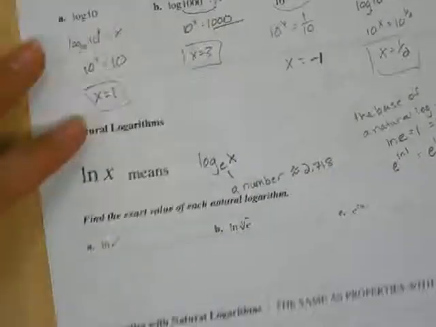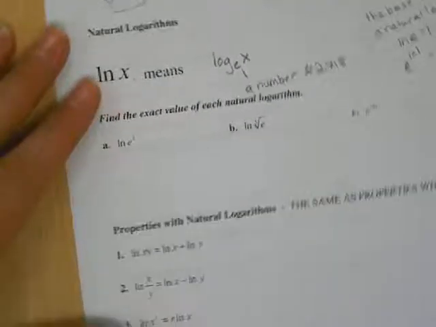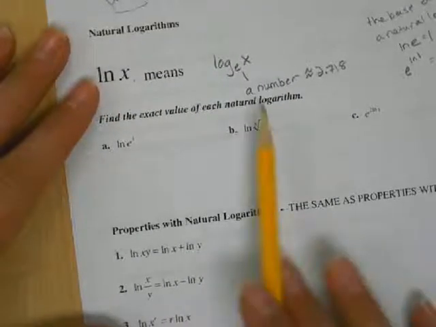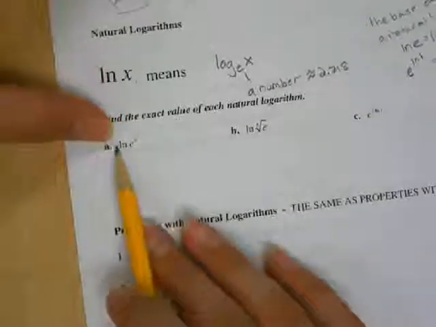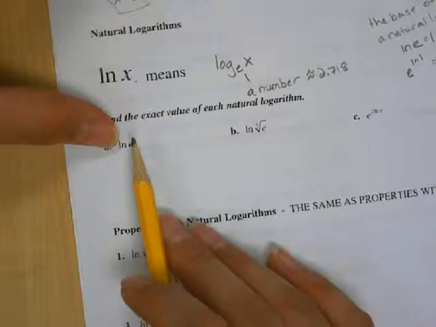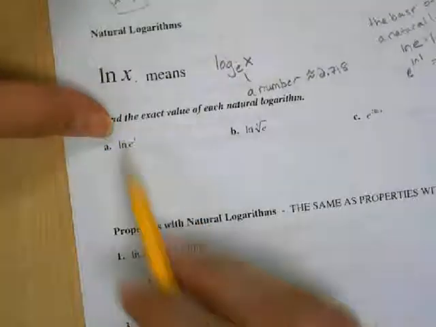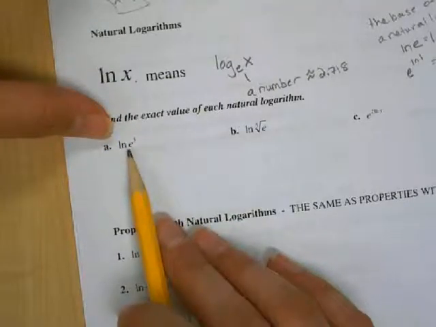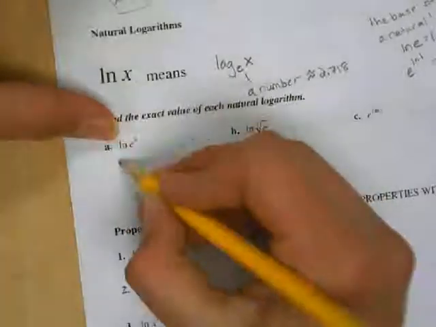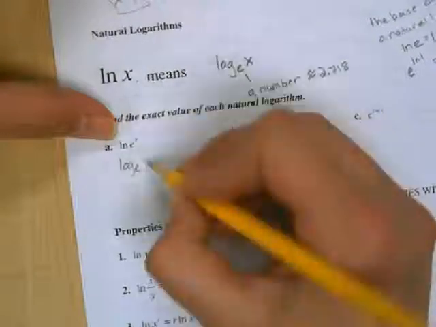Alright, so let's take a look at some of the examples. Find the exact value of each natural logarithm. So the natural log of e to the third power. Well, base and argument match. If you need to write it out, do it. You don't have to leave it as the natural log.